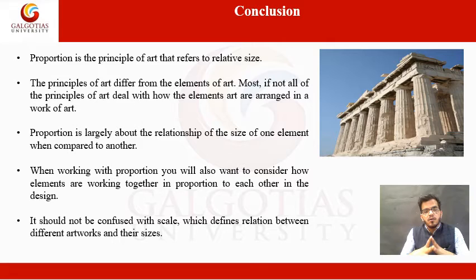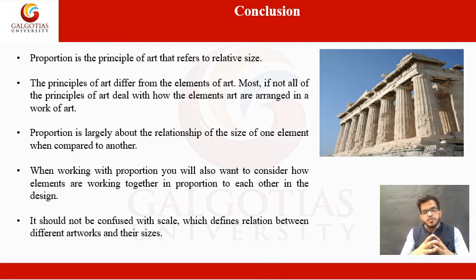Most, if not all, of the principles of art deal with how the elements of art are arranged in a work of art. Proportion is largely about the relationship of the sizes of one element when compared to the other element, or when we compare the composition as a whole to the contextual study.